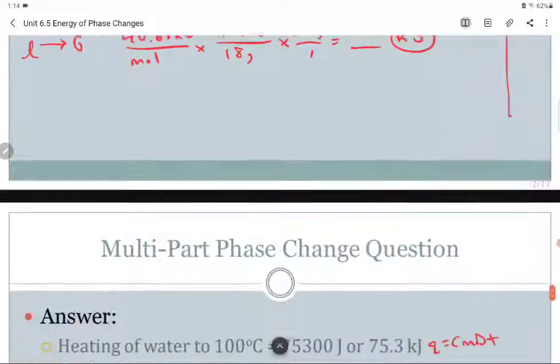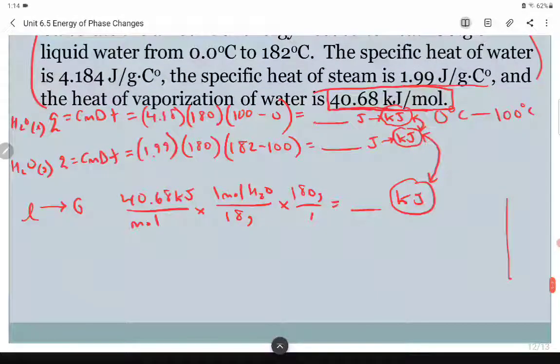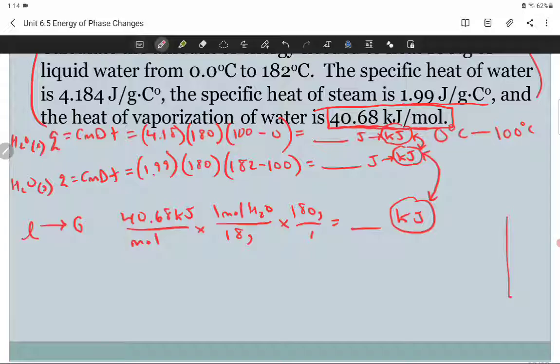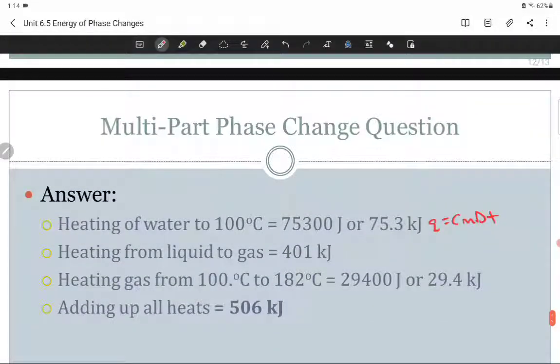And then heating the gas, same idea. That was our new specific heat for gaseous water. Same mass, 180, and now 182 minus 100. So again, we have to use a Q equals Cm delta T for that. It's just that the specific heats are going to be different, and the temperatures are going to be different.